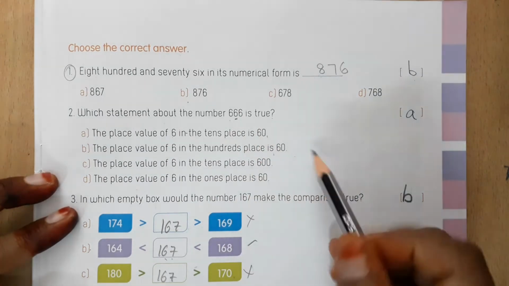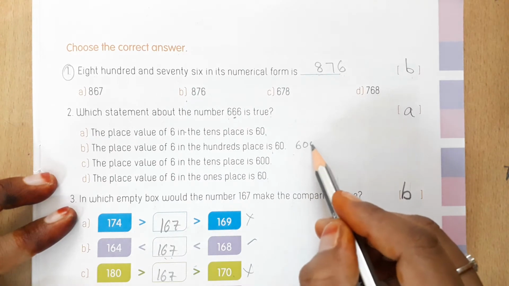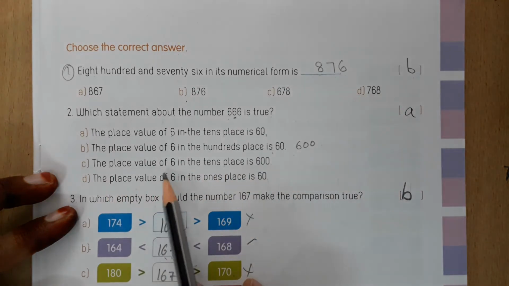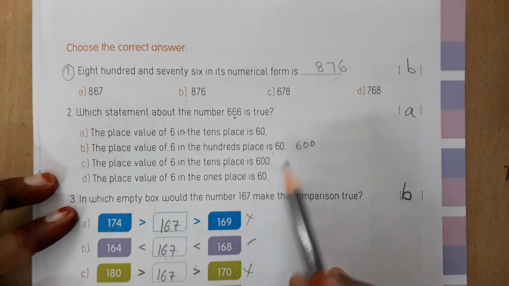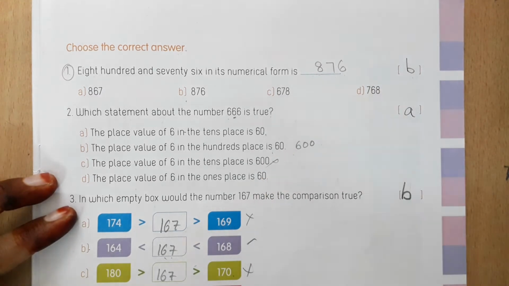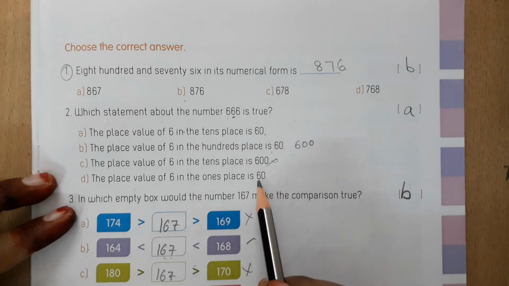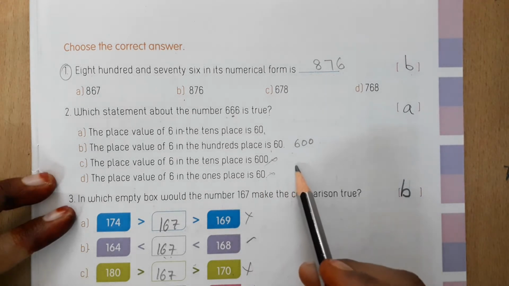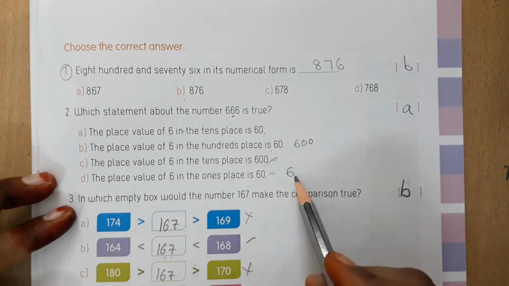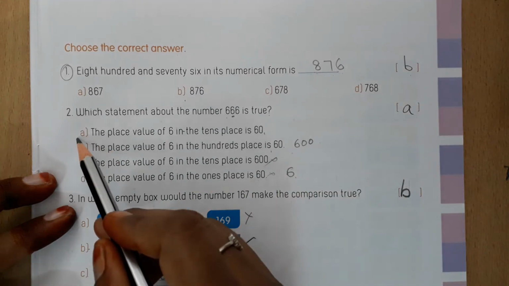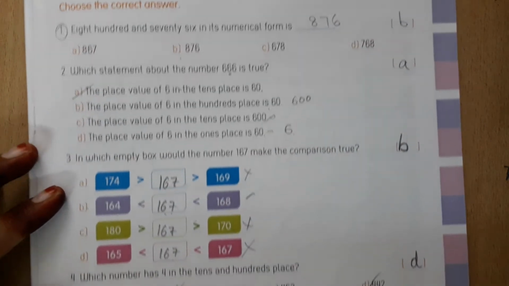Hundreds place value how much? That is 600, not 60. The place value of 6 in the tens place is 600. This is also not correct. The place value of 6 in the ones place is 60. No. The place value of 6 in the ones place is 6. So here only option A is correct.